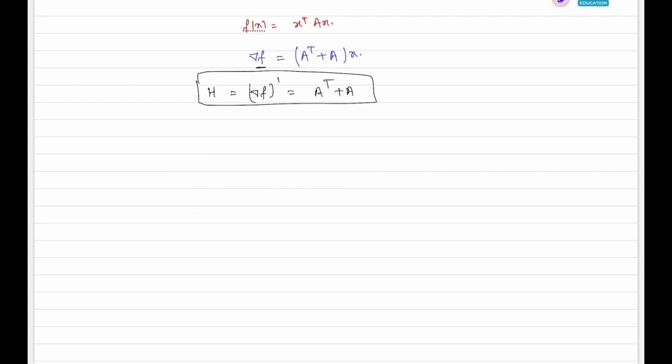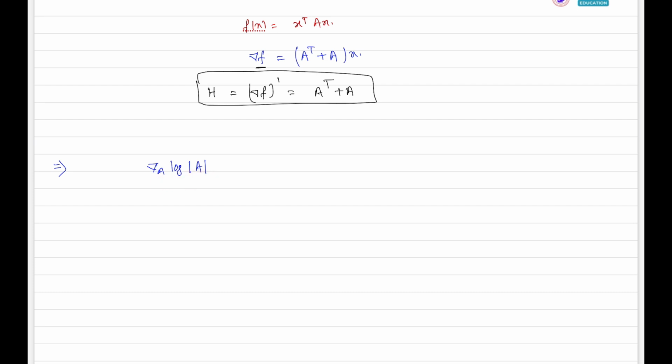So let me give you one more result directly here that we might encounter: the gradient of the log of the determinant of this matrix A. So you have this matrix A, you find its determinant, take the log, and then find the gradient of this.